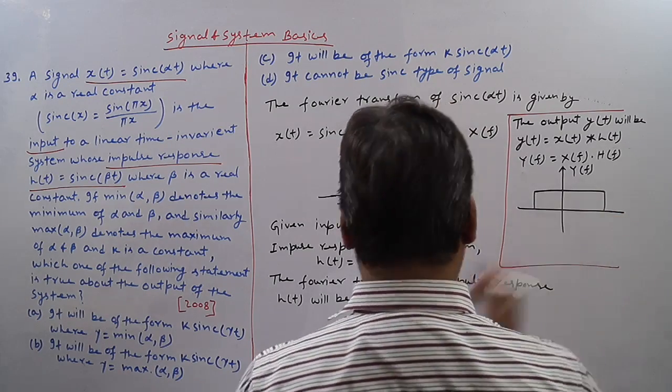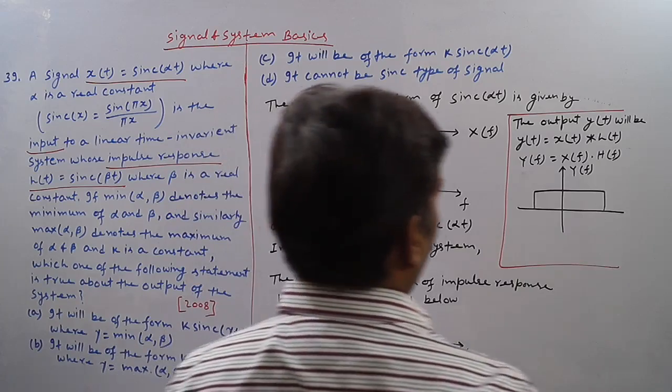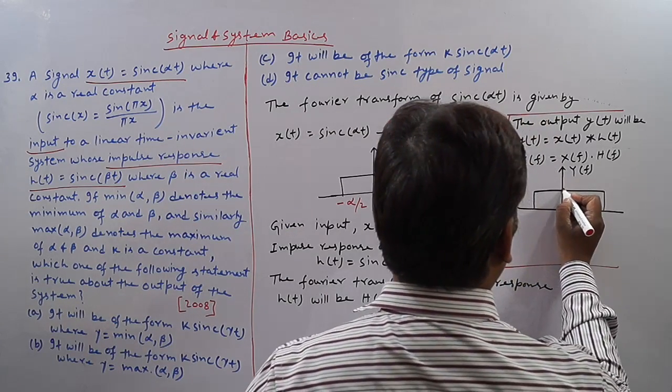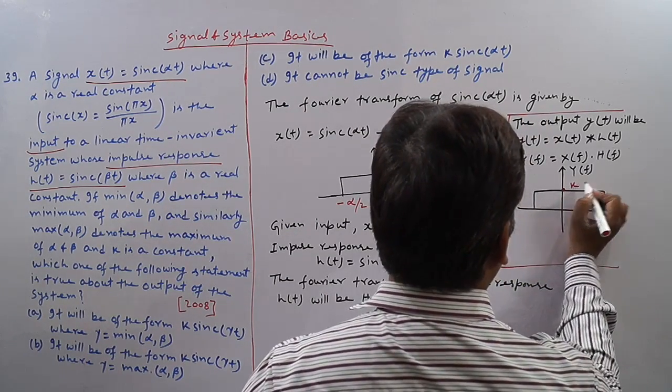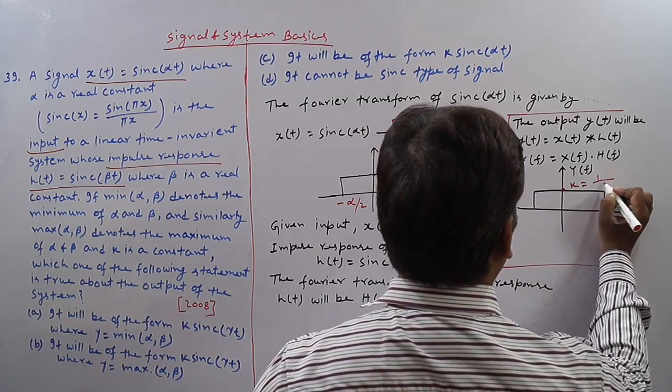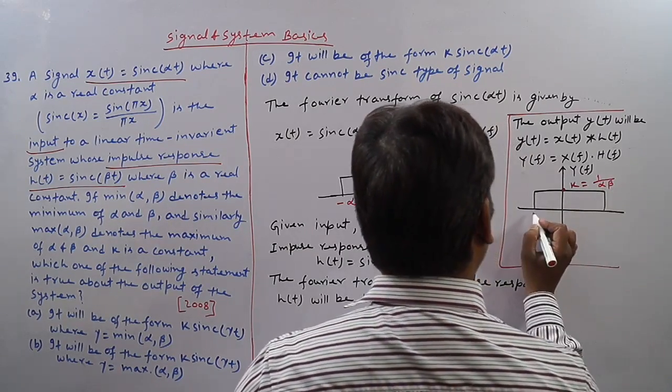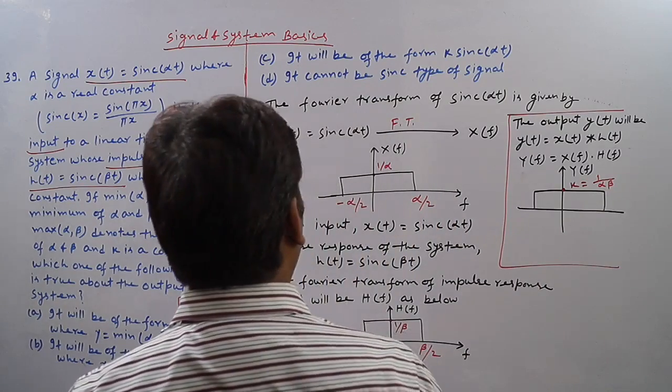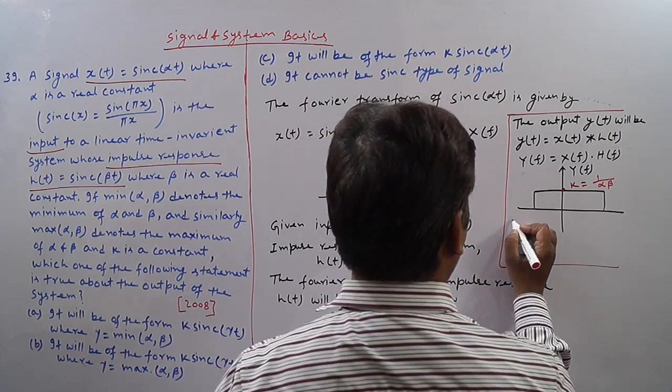Suppose this is k, so k will be nothing but 1 by alpha beta. And this point will be the minimum of alpha by 2 and beta by 2.